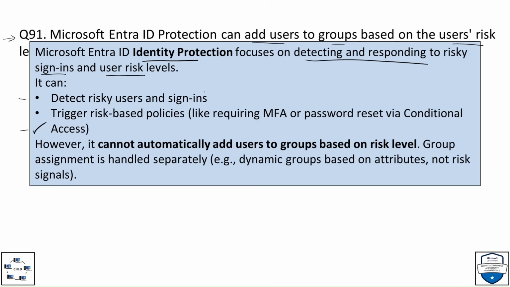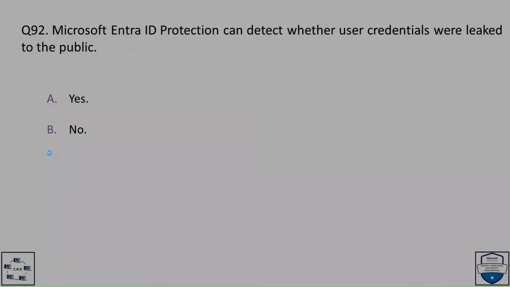It can detect risky users and sign-ins, and trigger risk-based policies like requiring multi-factor authentication or password reset via conditional access. However, it cannot automatically add users to groups based on risk level. Group assignment is handled separately through dynamic groups based on attributes, not risk signals.